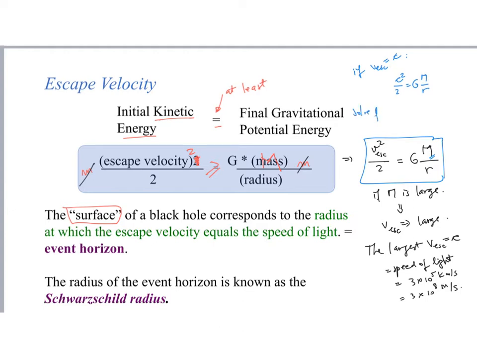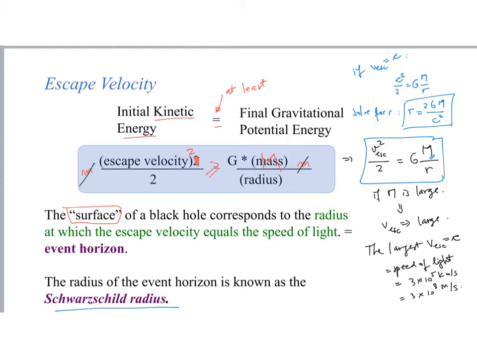Solve now for r. So we're going to have r equals 2 G M divided by c squared. So we find the radius, the distance from that singularity or the black hole, where there is no return, right?